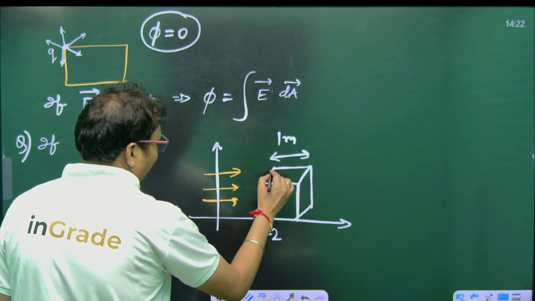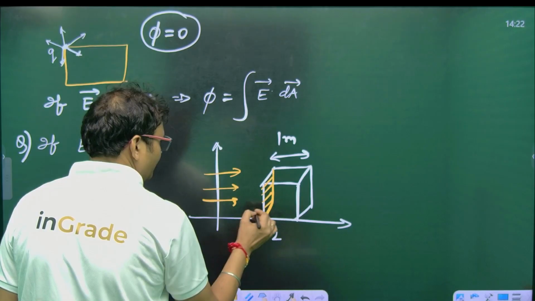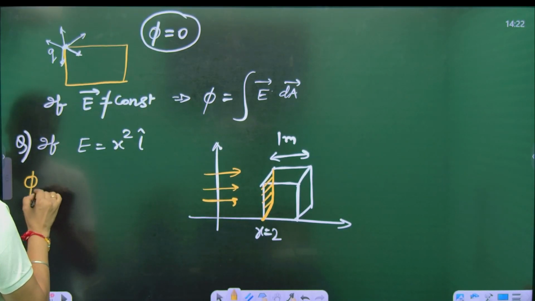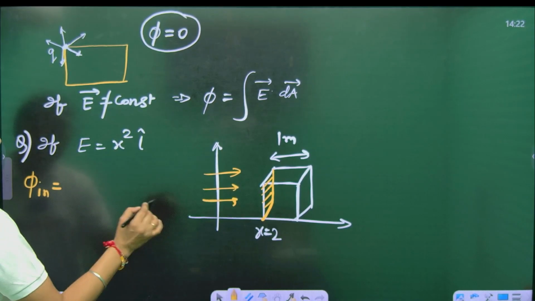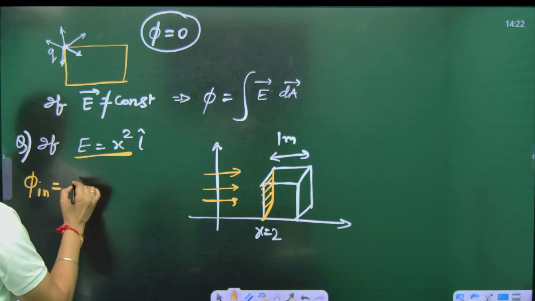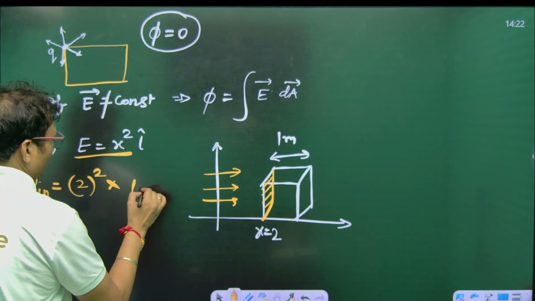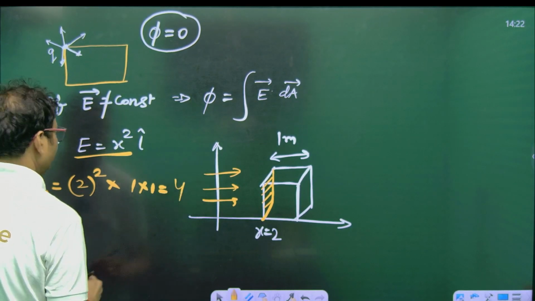At x equal to 2, the flux entering will be E equal to 2 square, into area 1 into 1, that is equal to 4.